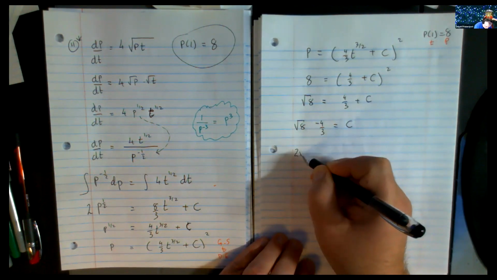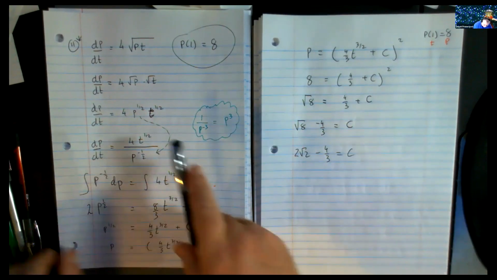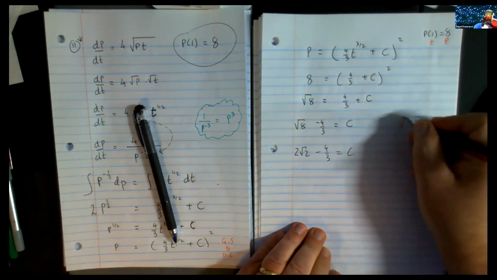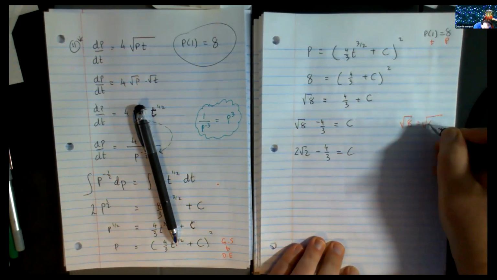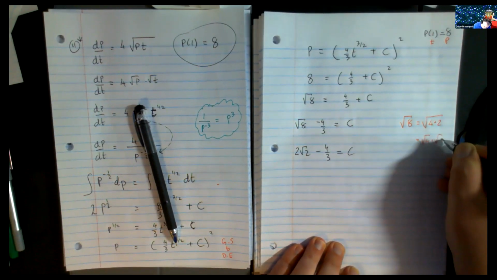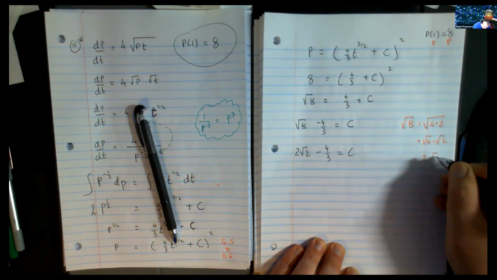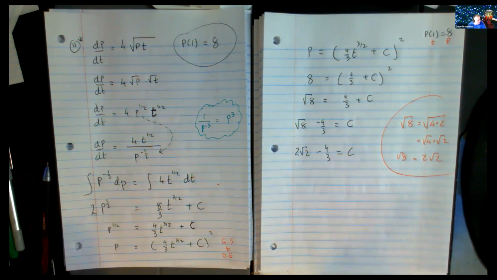So you end up with C equals 2√2 take away 4/3, which means that we're using something from, I believe, lesson 99, which was how to simplify radicals. So there's another little piece of information that you thought you'd never need to worry about again, popping its little head up, right? The square root of 8 can be reduced to 2√2.